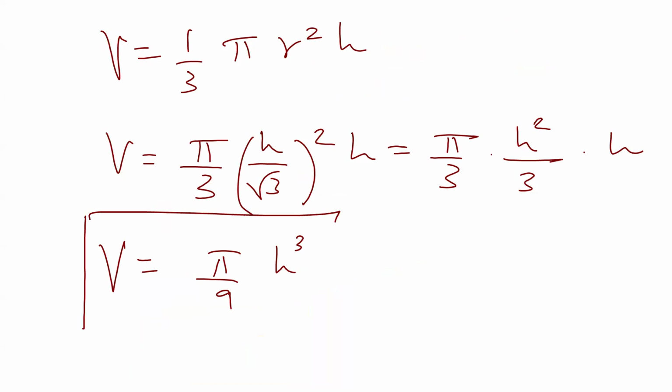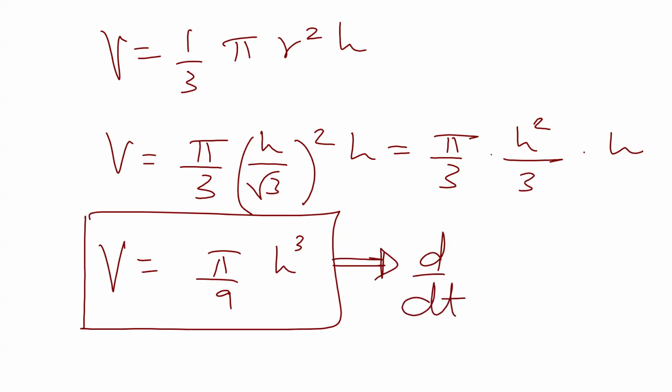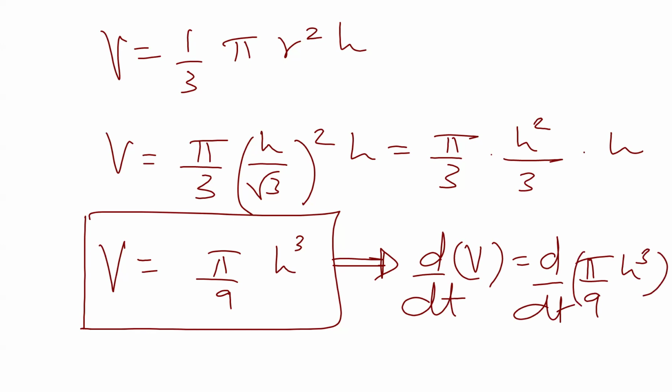Now the volume changes because the height changes. So we are going to differentiate both sides with respect to time, d by dt of v, d by dt of pi by 9 h cube.